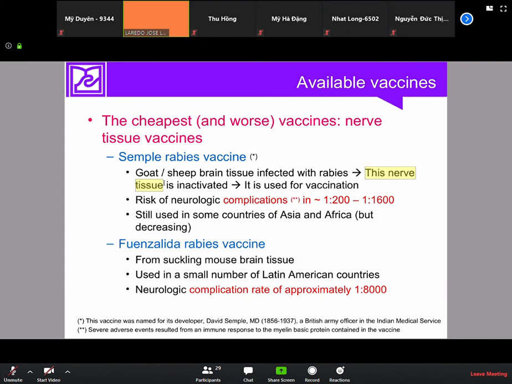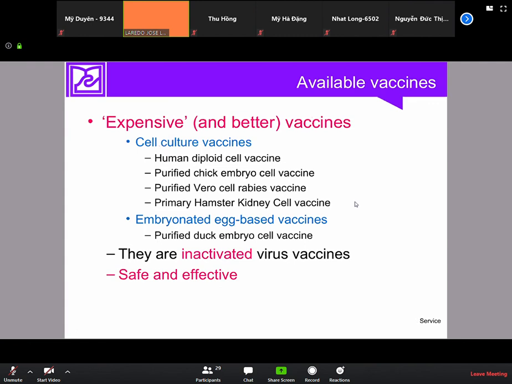So we use the nerve tissue from the animal for vaccination. These vaccines have a lot of complications, a lot. If you are interested, you can read later in the complements for better understanding, I think. So these are the cheapest and worst vaccines.